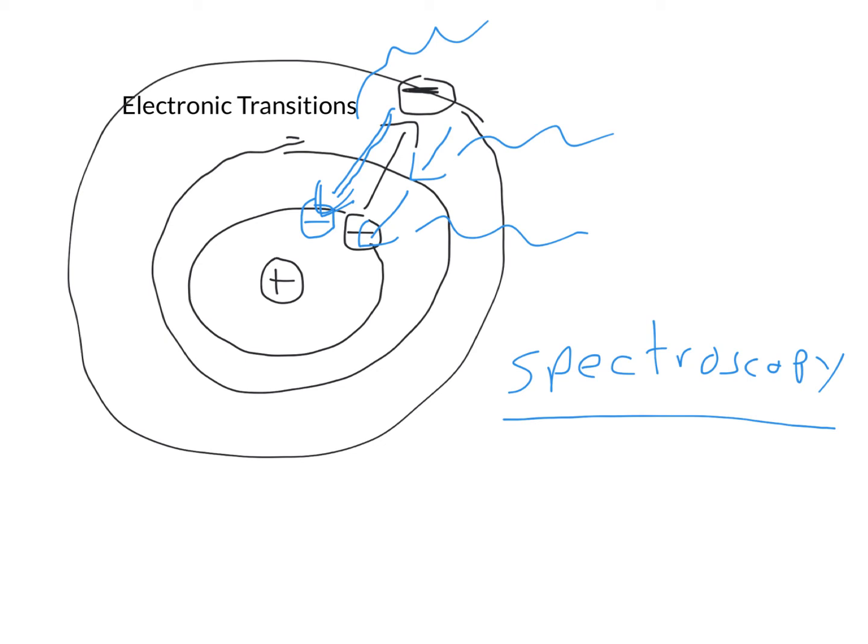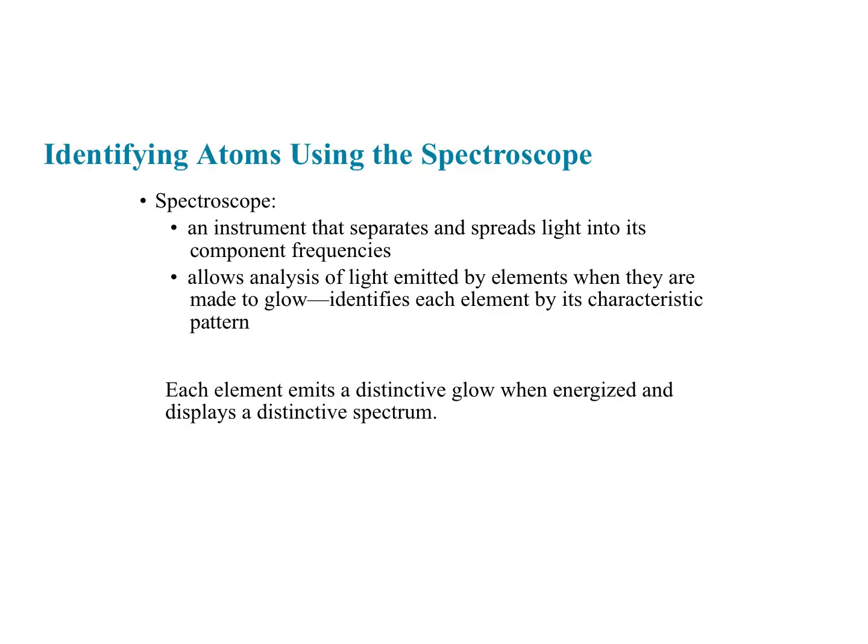And from that, you can deduce certain things about whatever it was that was emitting that light. In this case, we can actually tell what something is made of based on the light that it gives off. That is spectroscopy.